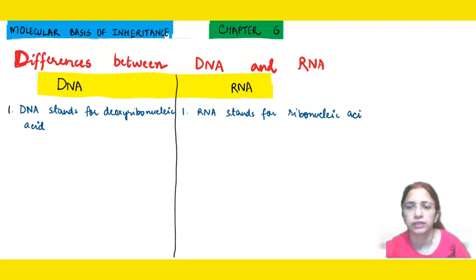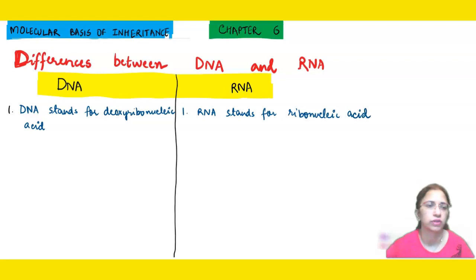Make sure you practice writing as well so that you can really recollect how many points you are able to write. Okay, next point is about their sugar, because DNA and RNA both are polynucleotide structures. Both are made up of nucleotides, and each nucleotide, you already know, is composed of base, sugar and phosphate.